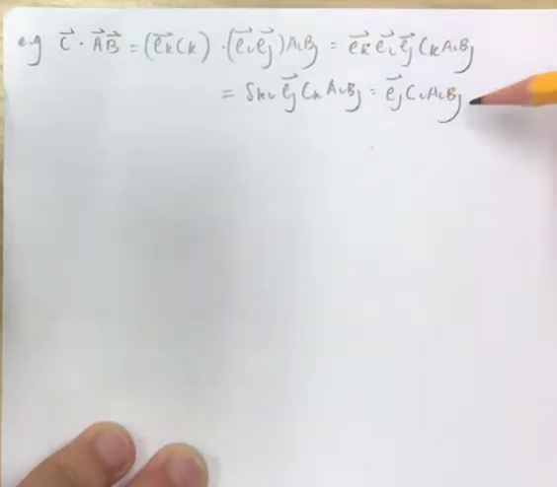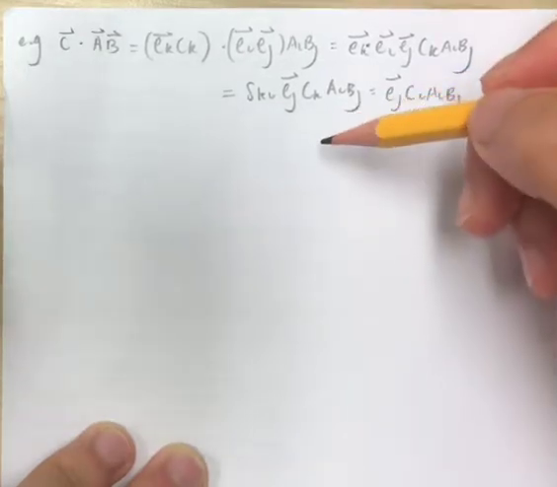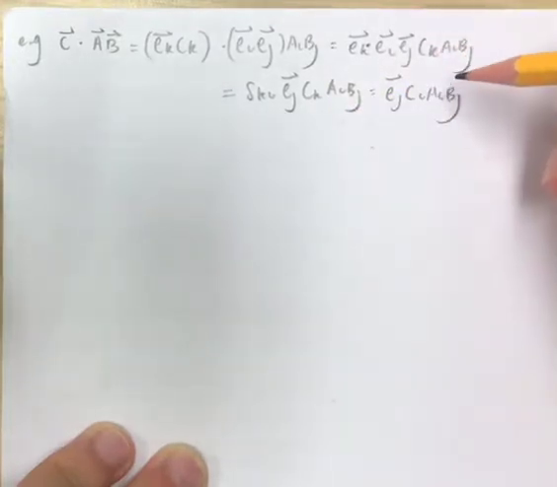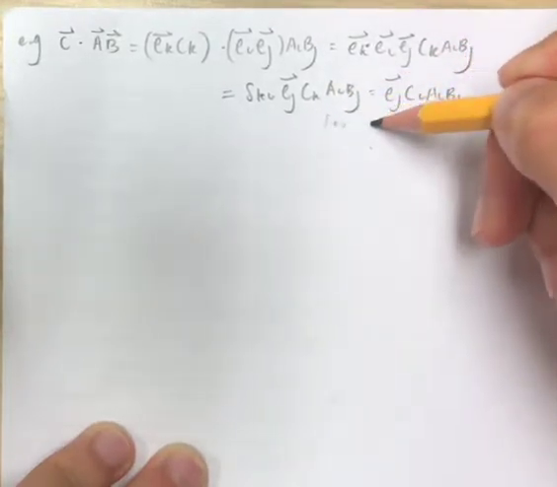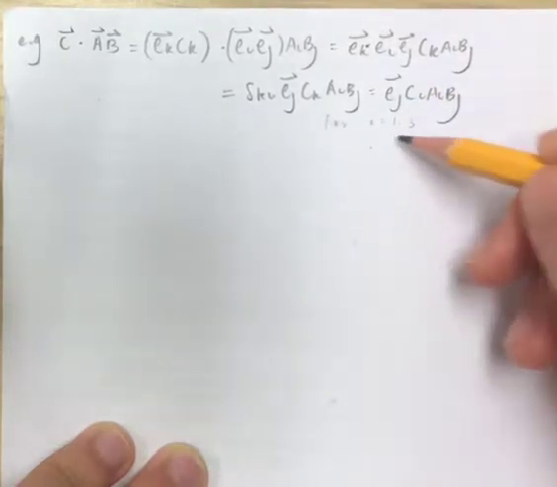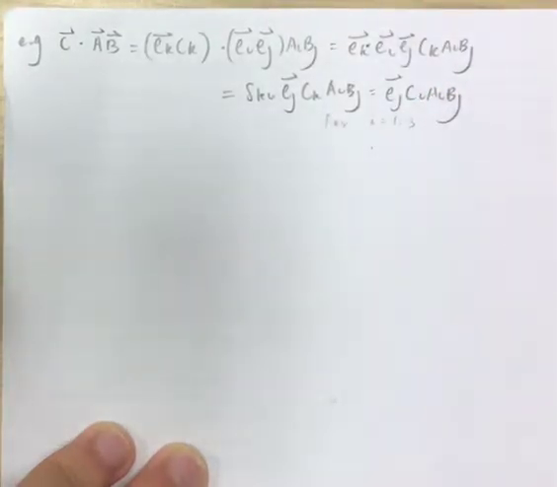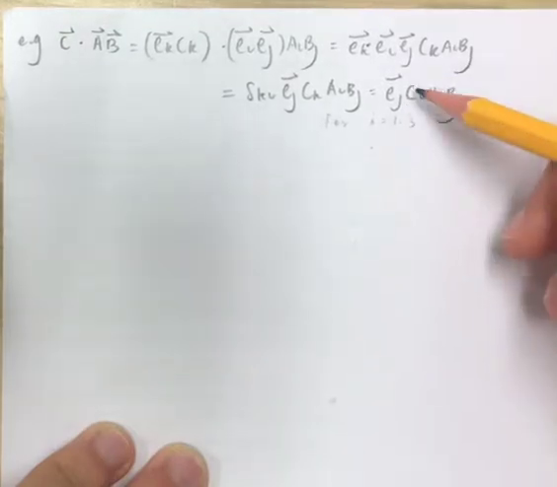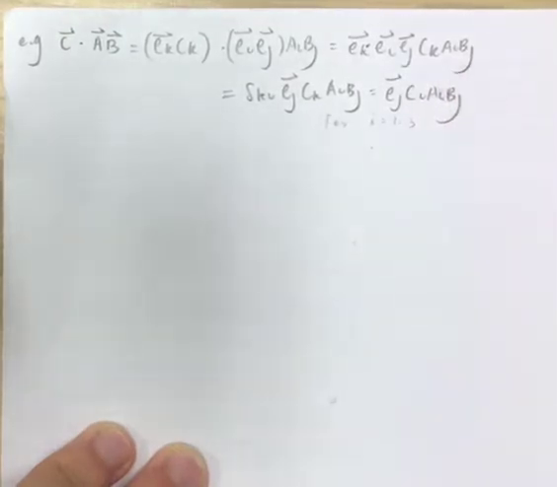Well, let's still consider the loop. For the sake of simplicity, let's set the i to be the outer loop. So for i equals 1, 2, 3, what will happen in the inner loop? We need to set a C_i A_i value. Let's say first we have C_1 A_1. That thing is a constant. And in the inner loop, we need to sum all the j's. So we have e_1 B_1 plus e_2 B_2 plus e_3 B_3.